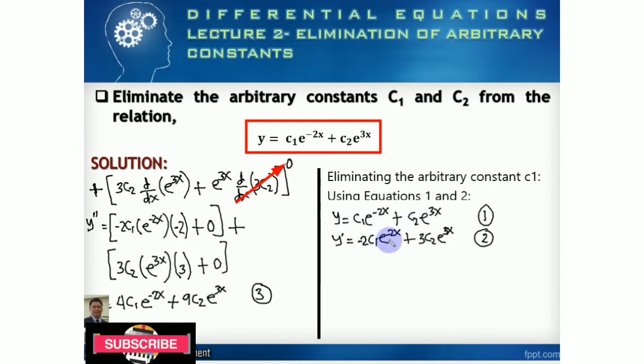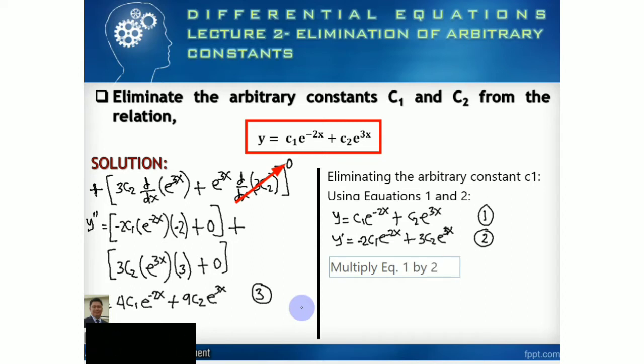So we are going to multiply equation 1 by 2, so that we could have 2C1, and then we can eliminate the C1 after we add the equations. So we are going to multiply equation 1 by 2.